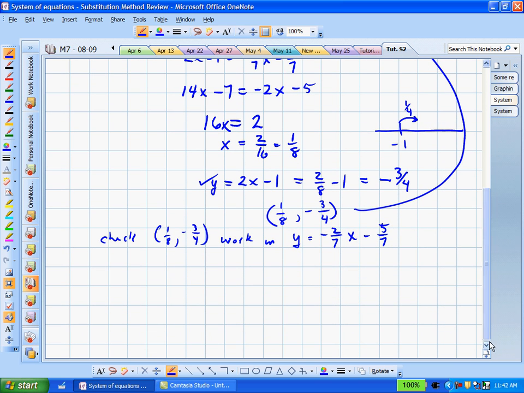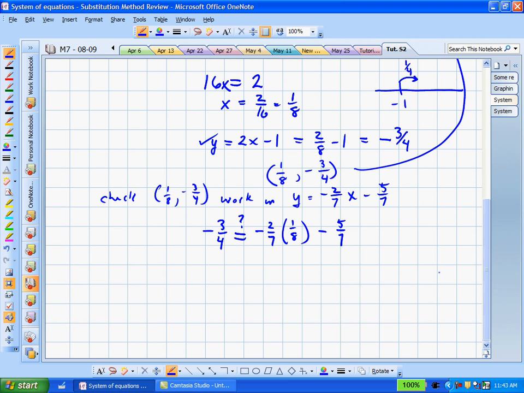Whoa. Now here's some practice algebra. So negative 3/4 is what y is. Does that equal negative 2/7 times 1/8 minus 5/7? When I would do this, I would cancel the 2 with the 8 and get a 4, right?